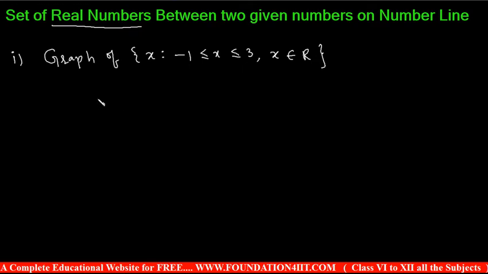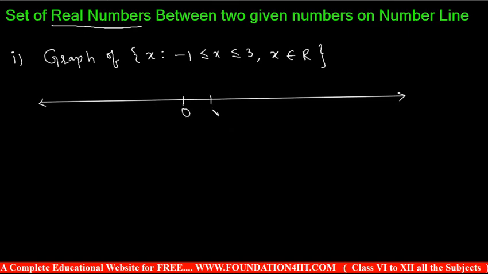Previously we discussed only natural numbers, whole numbers, and integers. Now in this topic, take the number line: 0, maintaining the same gap, 1, 2, 3, 4, and so on, and -1, -2, -3 and so on.